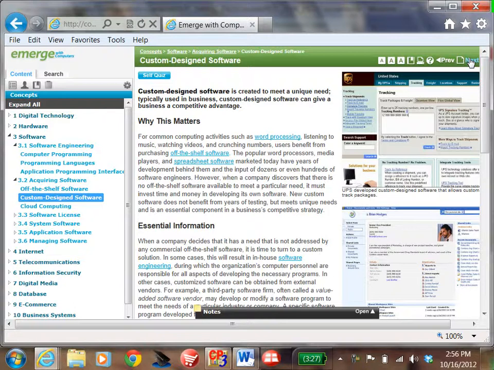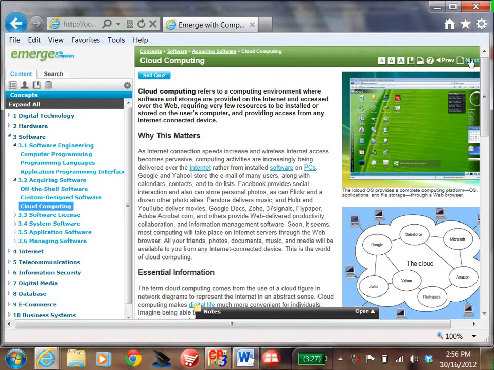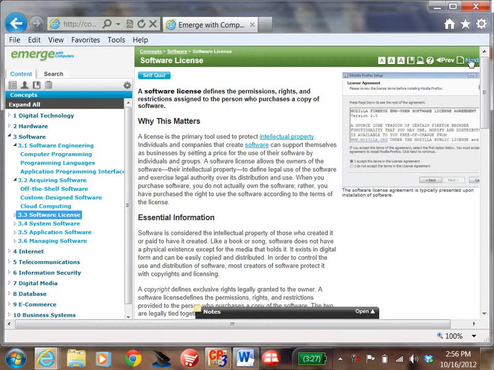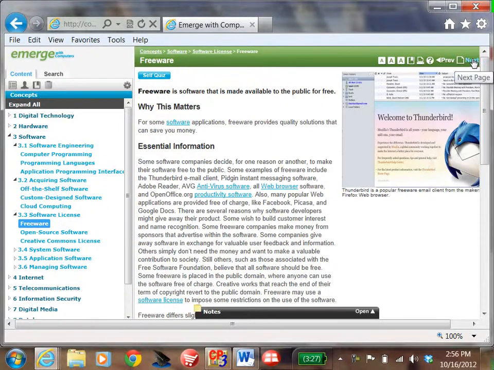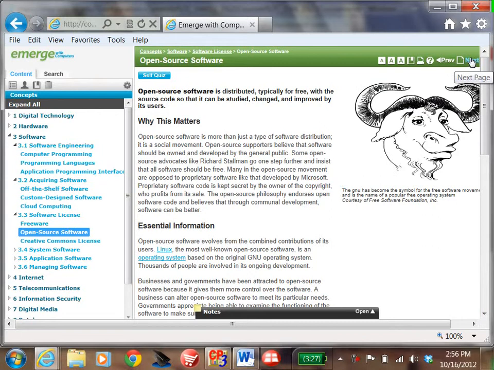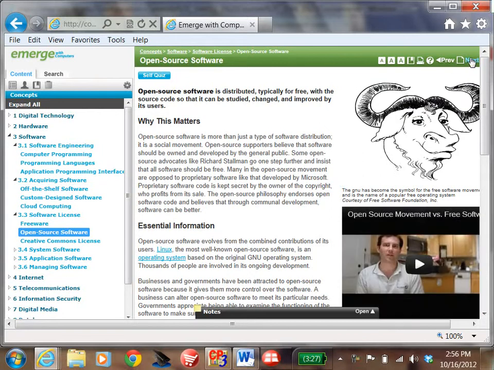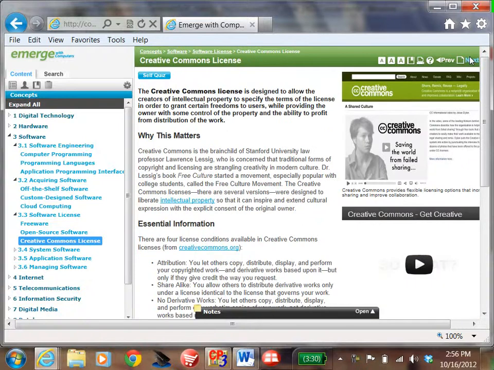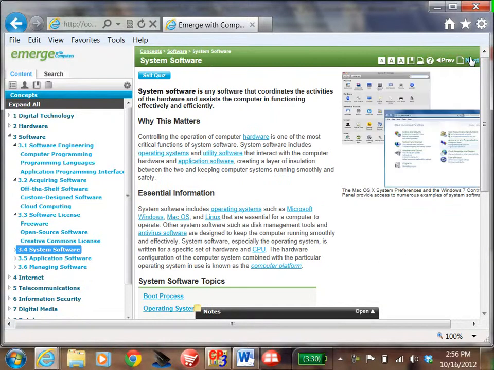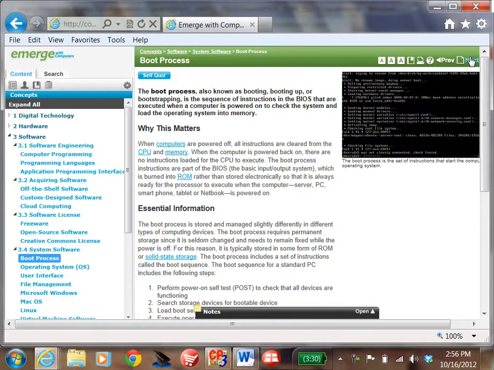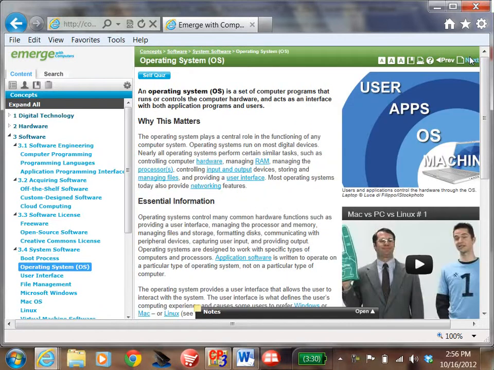I think all the rest of these are self-quizzes, okay? Operating systems. So you should do the self-quizzes, okay? It's a good way to prepare.